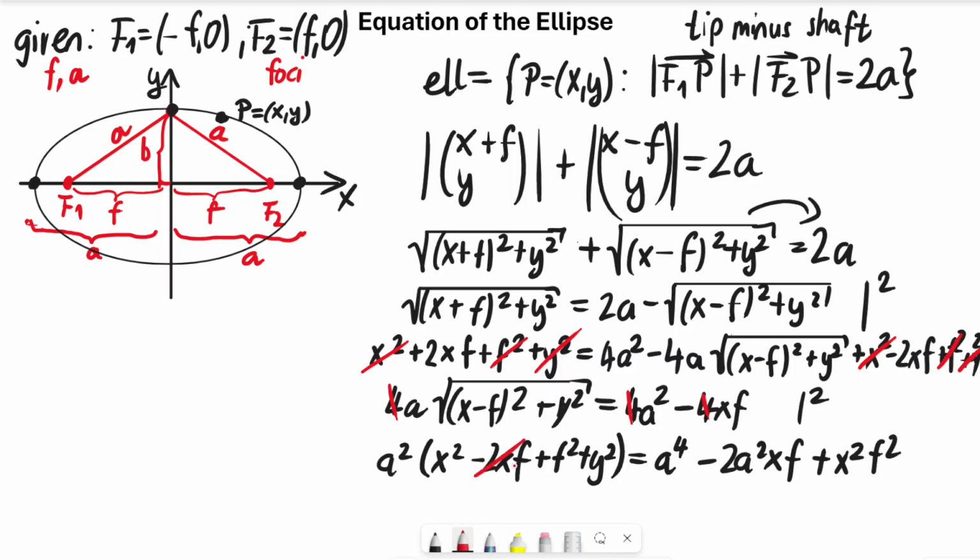So minus 2xfa squared is also on the right side, cancelling out. Next, we factor out the x squared here. And what remains on the left side, if you factor out x squared, is a squared. But there is no x squared here on the left side anymore, so I look to the right side. If I factor out x squared, what is then here is minus f squared. So I have combined this and that.